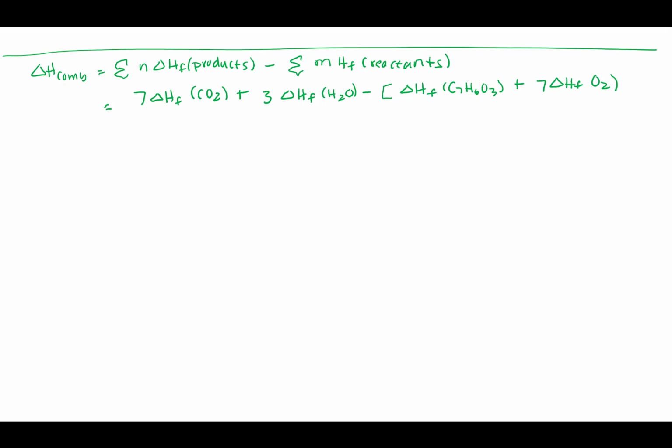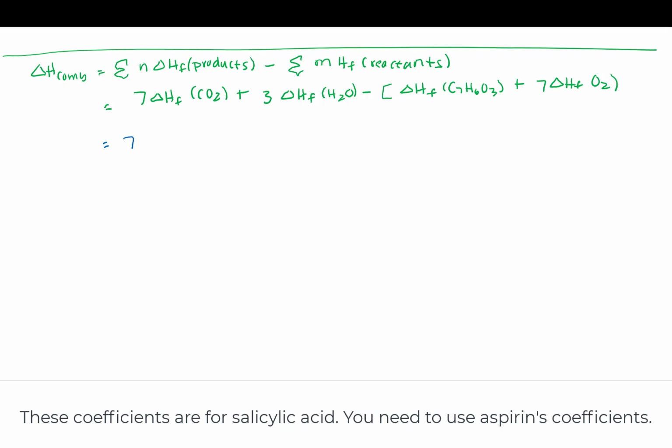So I'm going to go ahead and use the values that are in your report just so you can see how to do it. But I'm going to use my coefficients. All right, so this will be 7. And I'm just going to put the values here that are from the report sheet. And the value that you would use for delta HF, that is the one that you just calculated on the last slide.